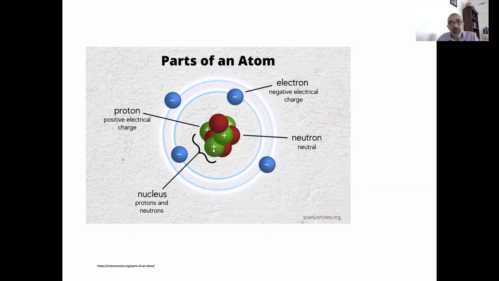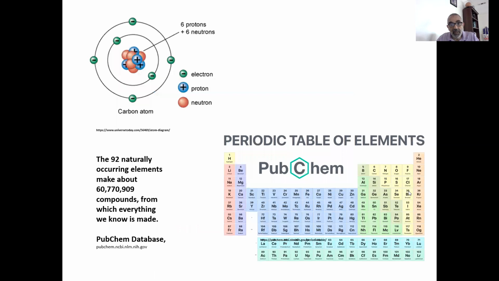And it is the electrical attraction between the positively charged protons and the negatively charged electrons that gives us this planetary model of the atom, if you will, like the sun attracting the planets. But instead of the force of gravity, it is the electromagnetic force between the positively charged protons and the negatively charged electrons. So that, I think, we're all on the same page with.